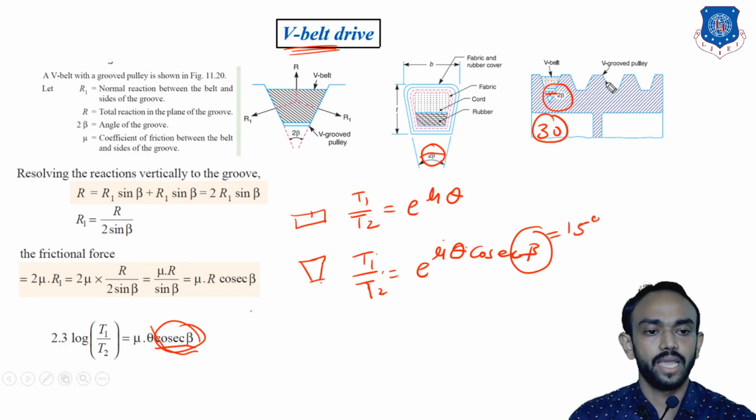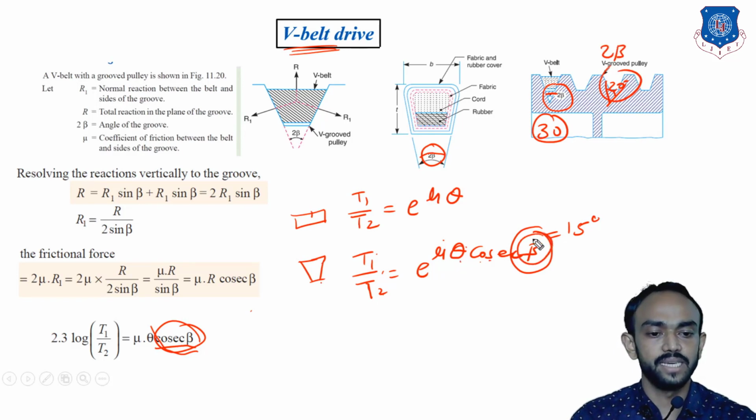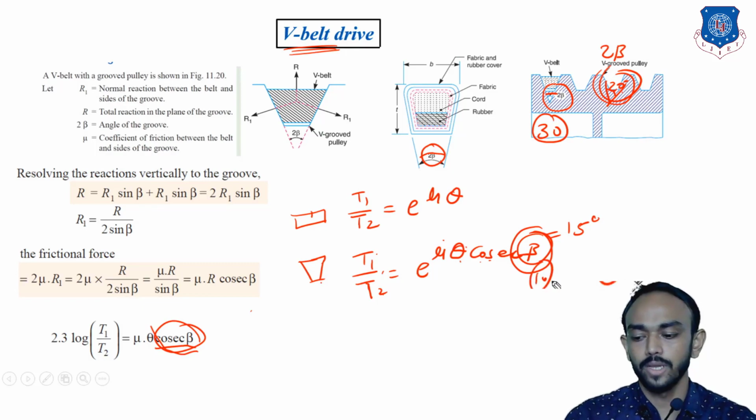If this angle is given as 20 degrees, then 20 degrees is equal to 2 beta, and in the formula mu theta cosec beta, we have to divide this total angle by 2. So if it is 20, we will use 10 as beta. Okay, so remember that.